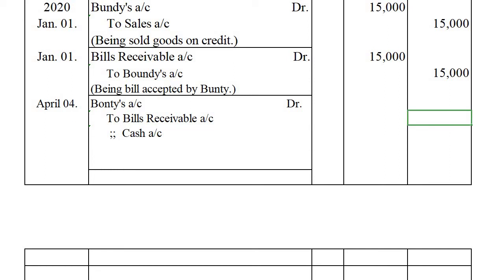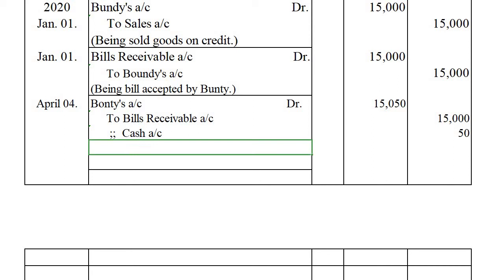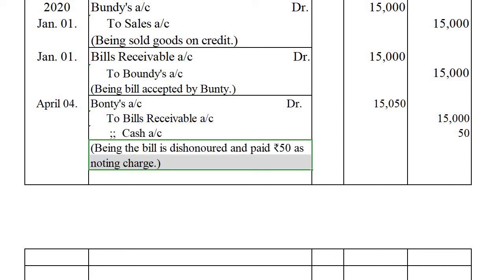Noting charges we know how much, 50 rupees, and bills receivable amount 15,000, total amount 15,050. Narration being the bill dishonored and paid rupees 50 as noting charges. So that is the first case.